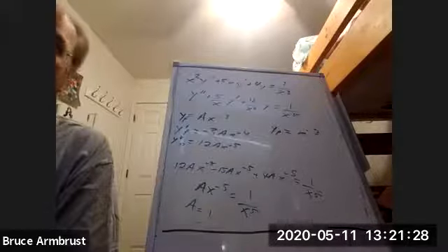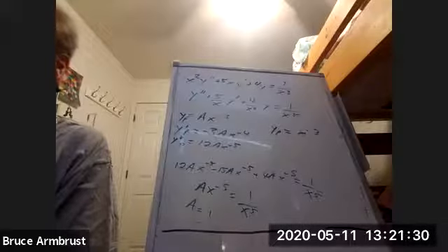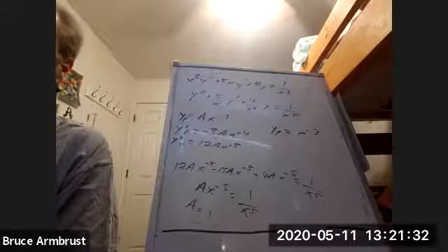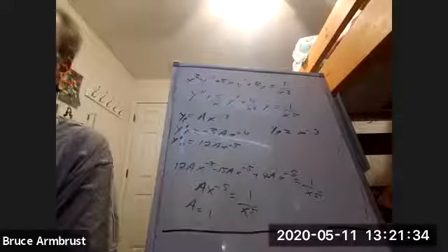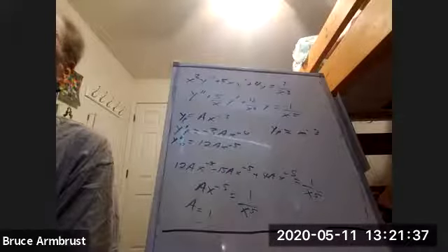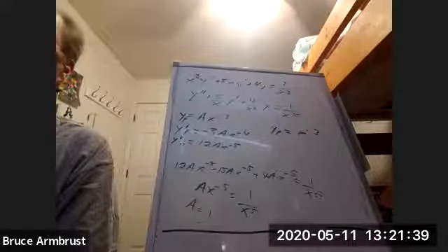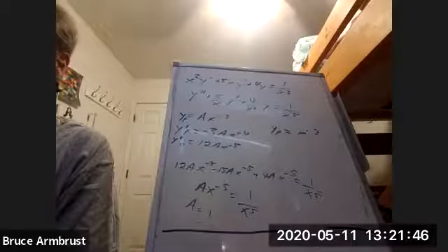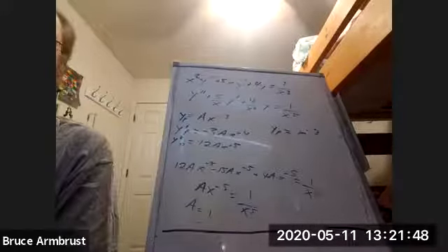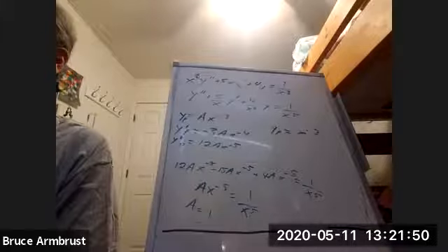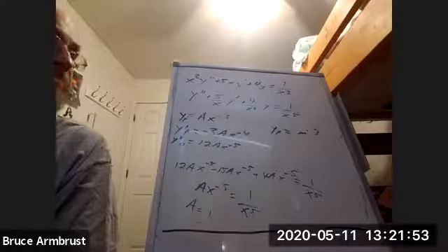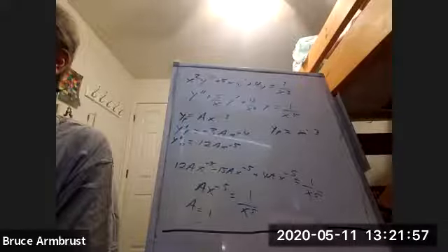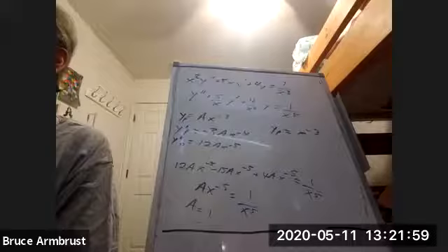A lot of this, and I know that students in general don't like this kind of thing, is you have to look at it and think about all the different kinds of functions and figure out which one is going to do what you need it to do. And in this case, our target was something that was x to the minus 3. All right, so okay for that one?